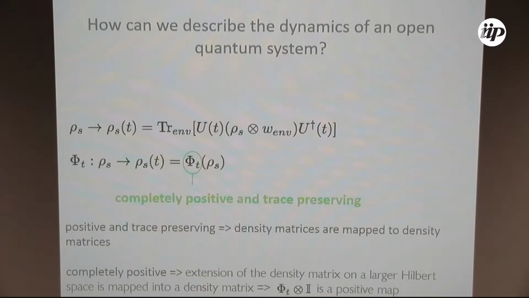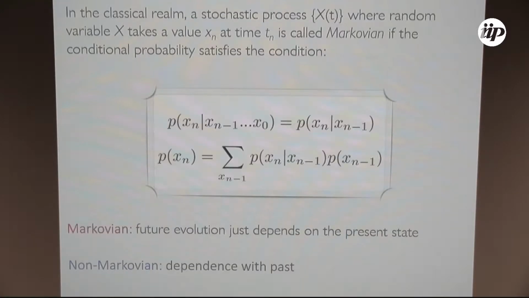And to say if the dynamics is Markovian or non-Markovian, I will be inspired by the classical definition. So if I have a stochastic process where I have this random variable x that can take values x_n at times t_n, I say that the dynamics is Markovian if the conditional probability satisfies this condition here. Which means if I want to find out if the variable assumes the value x_n at time t_n, I just need to know what happens at time t_{n-1}.